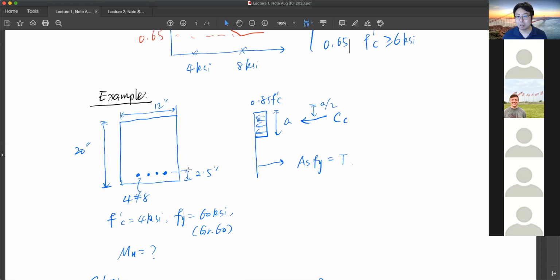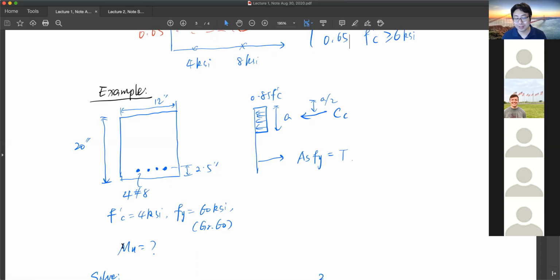Any question? All right. Let me carry on. We have a concrete cover of 2.5 inches, the concrete strength is 4 ksi, and the yield strength is 60 ksi, grade 60.